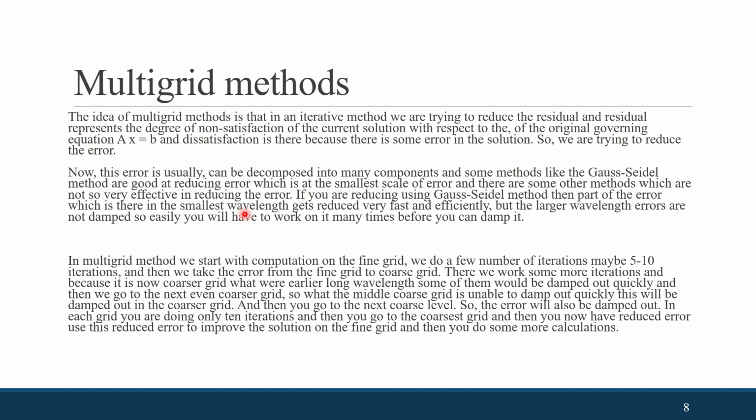We need the grid spacing to be larger in such cases, so this method would not be effective. If you are reducing using the Gauss-Seidel method, then the part of the error in the smallest wavelength gets reduced very fast and efficiently, but the larger wavelength errors are not damped so easily. You will have to work on it many times before you can damp it.